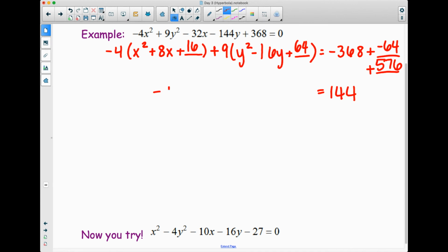And negative 4x plus 4 squared plus 9, and we get y minus 8 squared. So we have to make sure that this fits into the equation, with the negative on the inside. So we're just doing a little switcheroo there. And then we're also going to divide by 144.